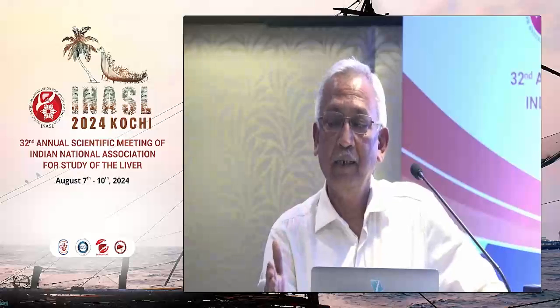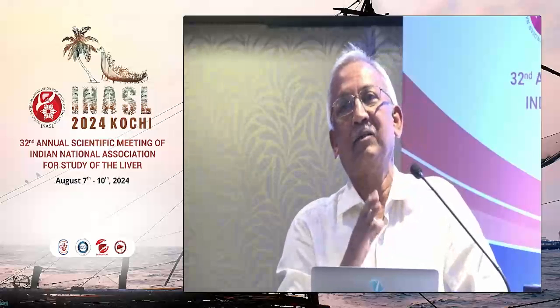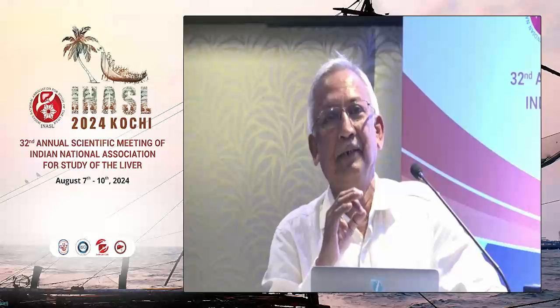On the other hand, in drug-induced autoimmune hepatitis, this type of inflammation will be much less compared to idiopathic autoimmune hepatitis, and the presence of neutrophils and eosinophils will point towards drug-induced autoimmune hepatitis.